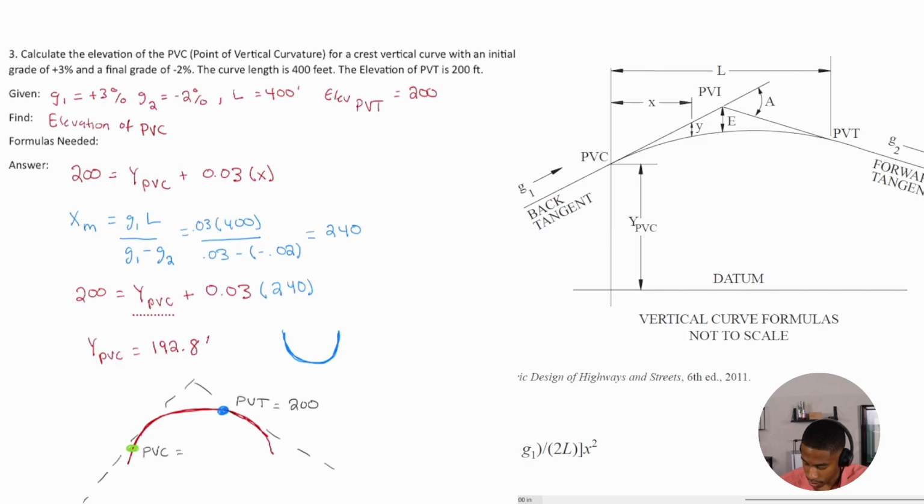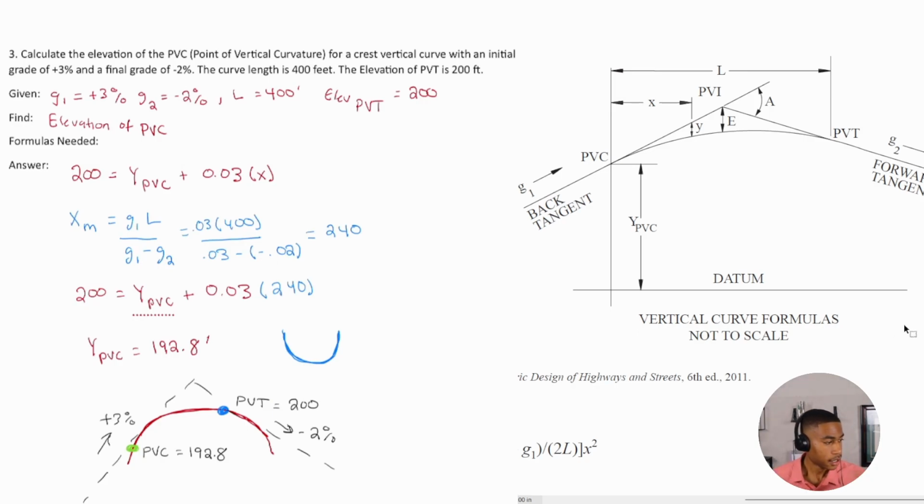And its elevation is the 192.8. So you can see that, you know, we go up the plus 3%. And then we come back down. Oh, this is up. And then we come down that negative 2% in grade.